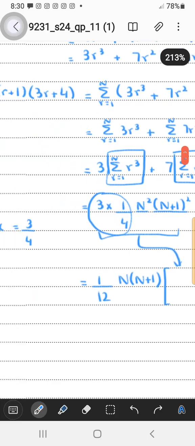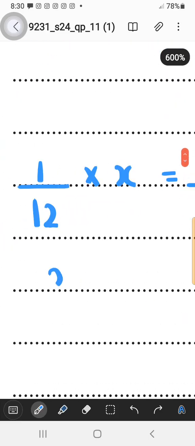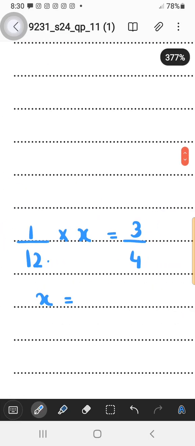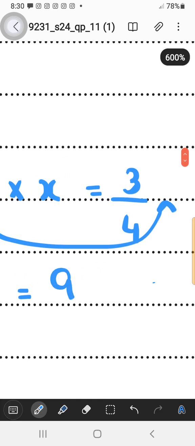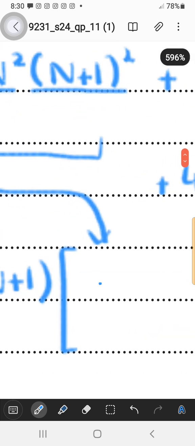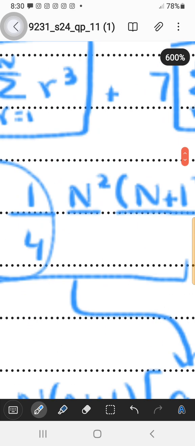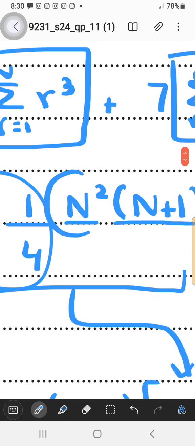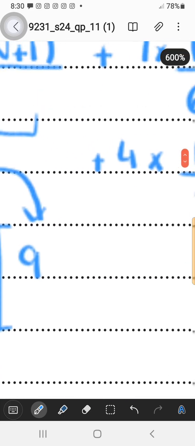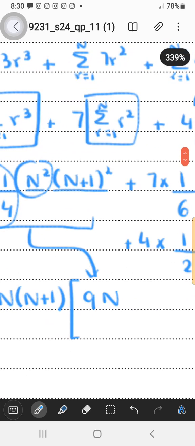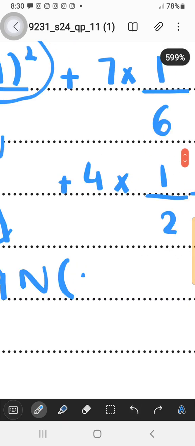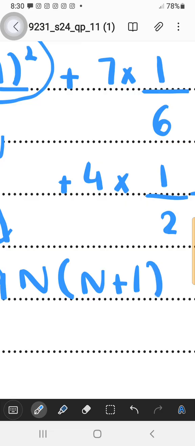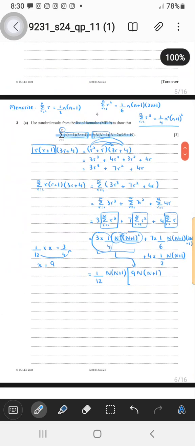So x is equal to, the 12 will go there and multiply by 3 upon 4, so it becomes 9. So here it becomes 9. This is n square and one n was taken common, so we will write n here, and this is n plus 1 whole square and one n plus 1 was taken as common, so we will write n plus 1 here. Okay, till this? I hope you are okay till this.